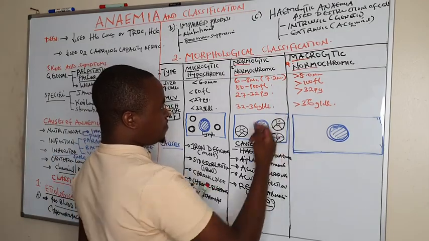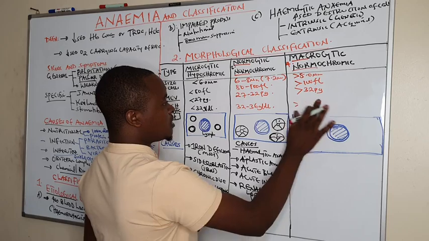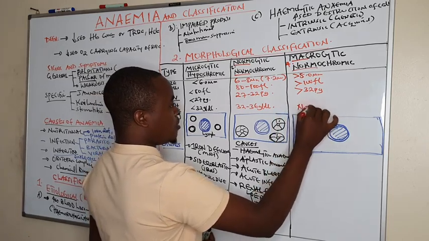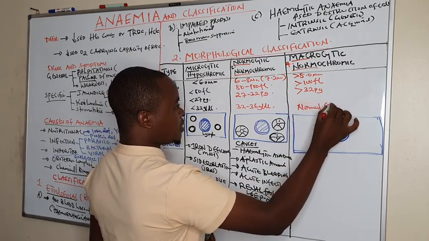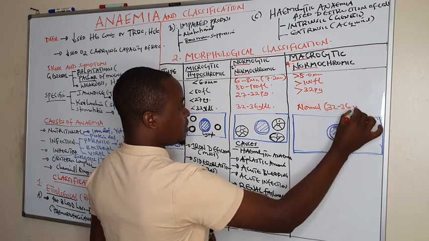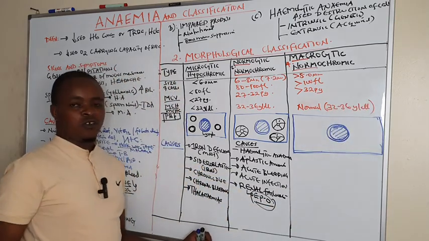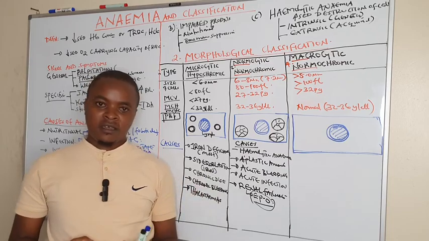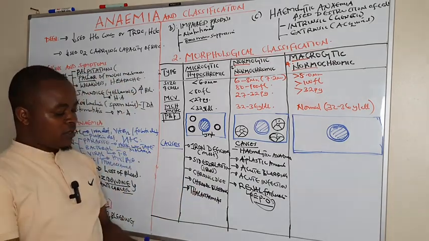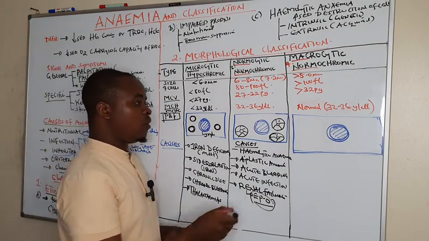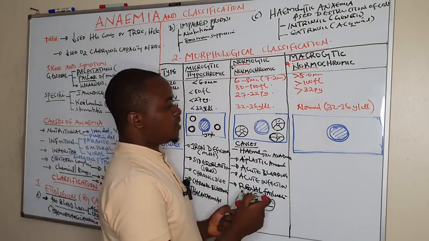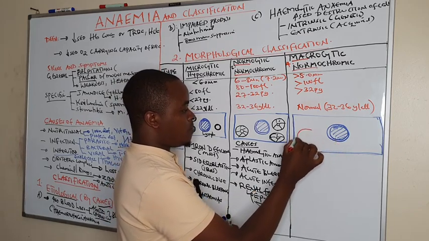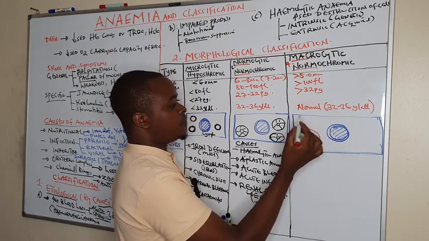But here under macrocytic normochromic, the MCHC, that is mean cell hemoglobin concentration, is normal, that is between 32 to 36 grams per deciliter. It is not high, it is normal. Only MCV and MCH are high. And under a thin film exam, we are going to see that these red cells, compared to the nucleus of a small lymphocyte, are macro, or they are bigger.